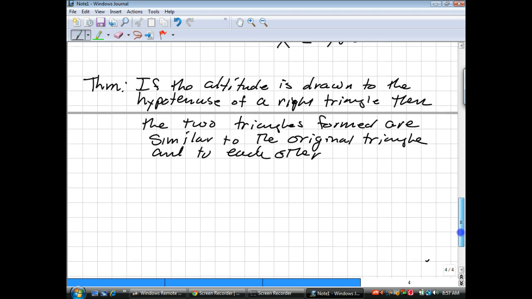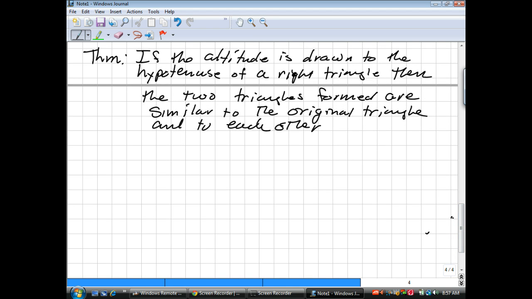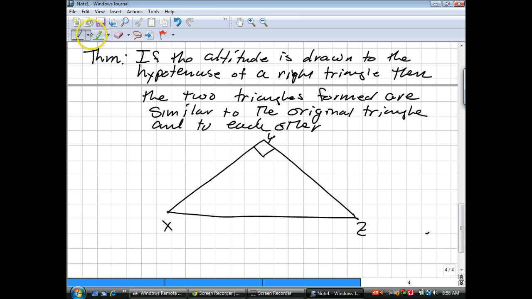Okay, so if we have a right triangle, so this is my right angle, so this is x, y, and z, and from the right angle I drop an altitude.